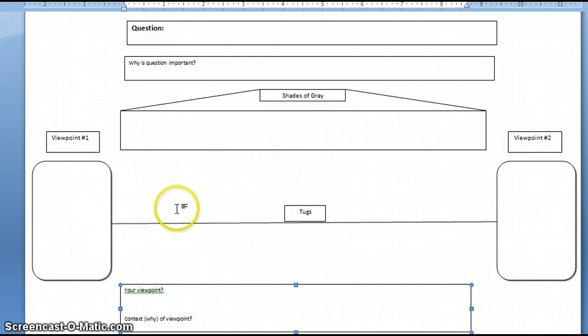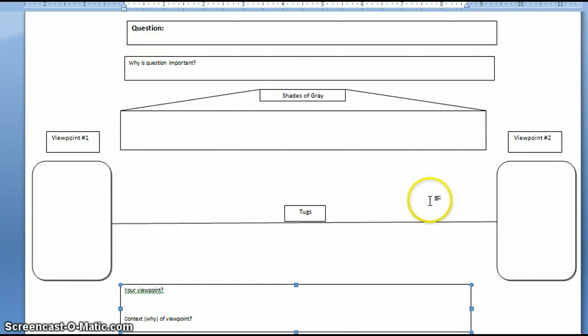If there is a fact, a stakeholder, or a bioethical principle that pulls you, but not really strongly, towards a viewpoint, then you put it more towards the center. Now, when you do this, you cannot have just tugs on one side and nothing on the other. When you are a good critical and ethical thinker, you have to be able to describe and appreciate the other viewpoint.